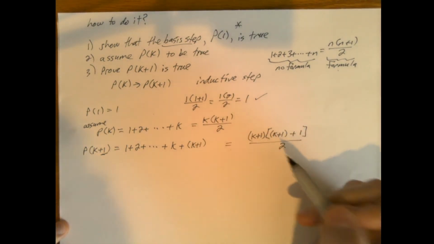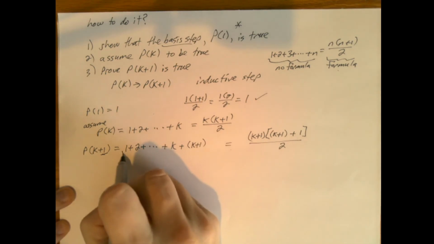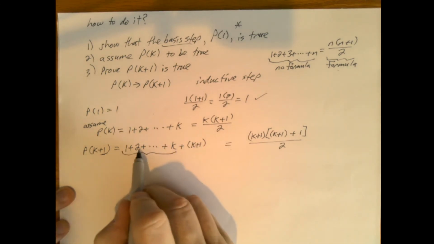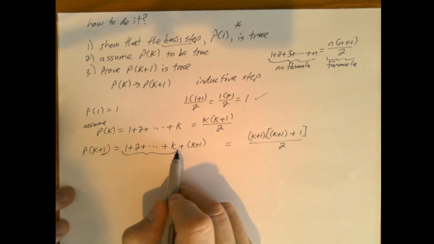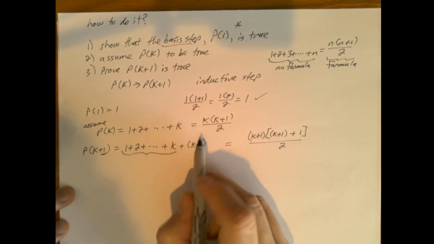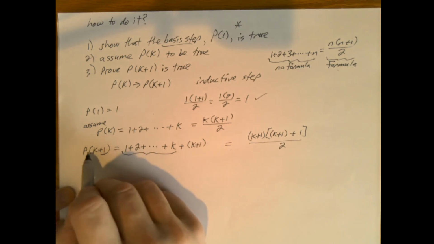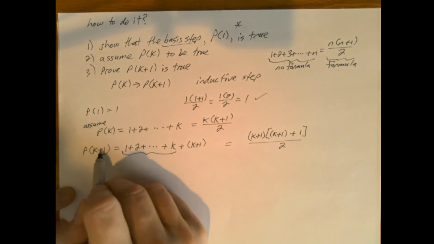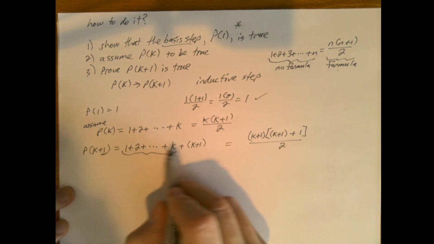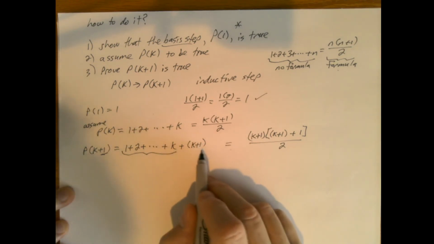But here's where the magic happens. What do we have right here? 1 plus 2 plus dot dot dot down to k. So imagine k was 3. Then we would have 1 plus 2 plus 3. So therefore P of 3 plus 1, which is 4, would be 1 plus 2 plus 3 plus 4, right?